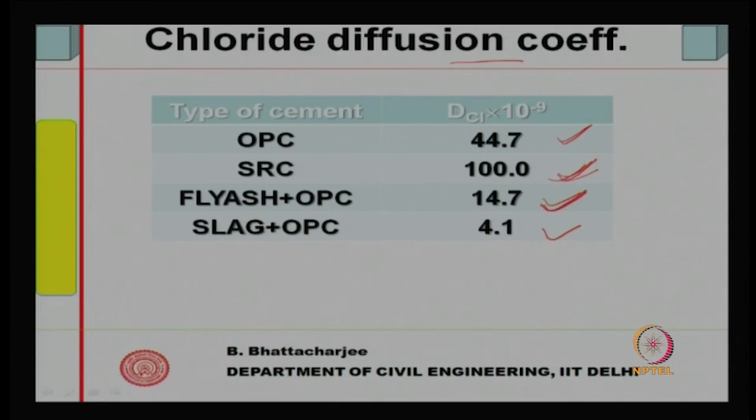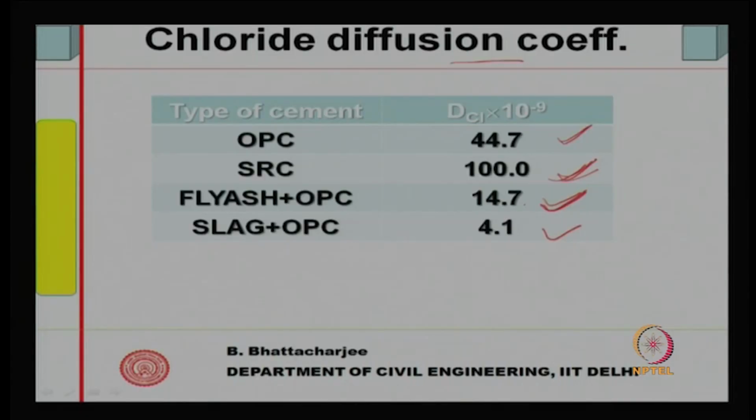There are two aspects in this. One, of all the chloride that goes into the concrete, some of it gets bound. This binding is associated with C3A, tricalcium aluminate. So, sulphate resisting cement, which has the least C3A, shows high chloride diffusivity. OPC has some C3A, therefore it has high diffusivity compared to others, but this would improve, because the pore structure itself will be improved and nothing can penetrate through it.